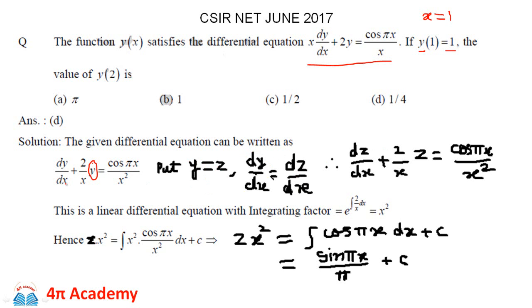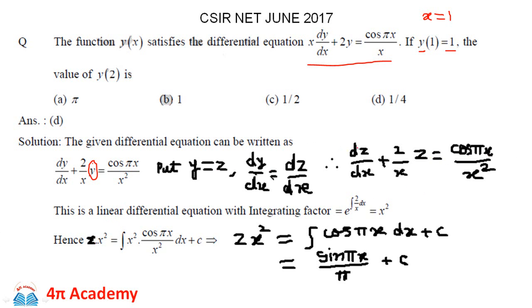So now our equation becomes dz by dx plus 2 divided by x multiplied by z, equal to cos of pi x divided by x square.